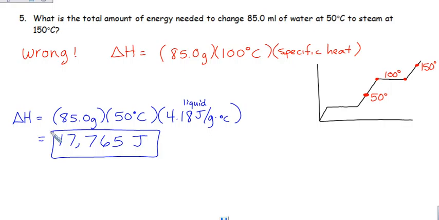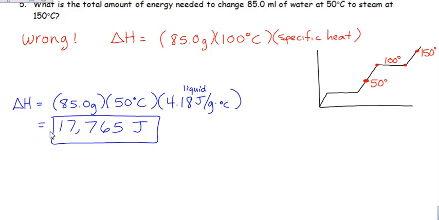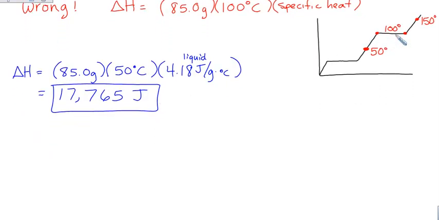Next, I need to boil this sample of water, or vaporize the sample. So we're in this section of the graph. There is no temperature change, but there is a significant energy change. So the equation that we'll use is moles times heat of vaporization, which I guess means we need to calculate moles.